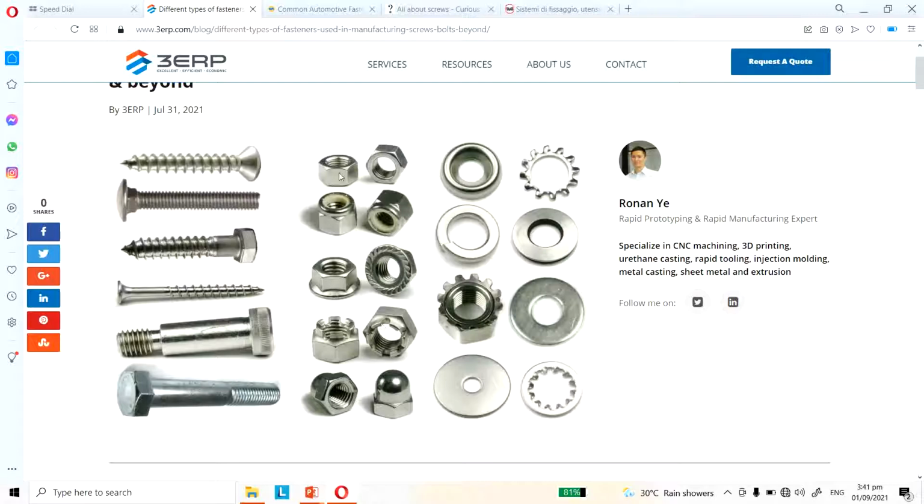The first one on top is a hexagonal nut, meaning it has a hexagonal shape. There are also nuts with flanges. So we have a nut, but it has an increased area, or a flange area.